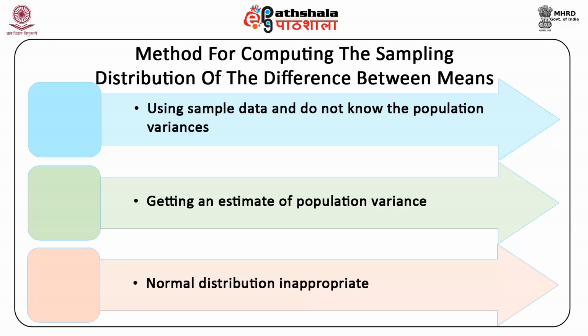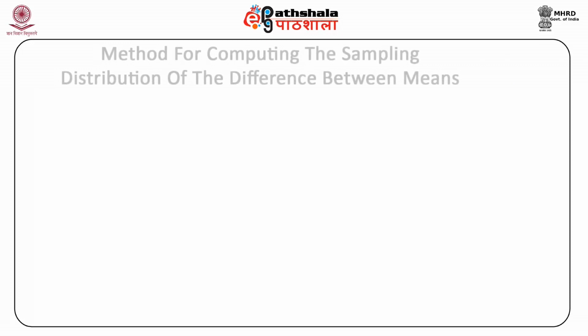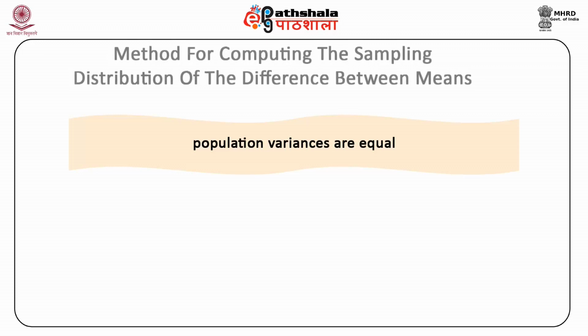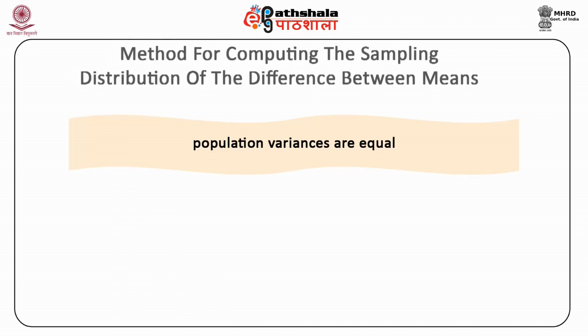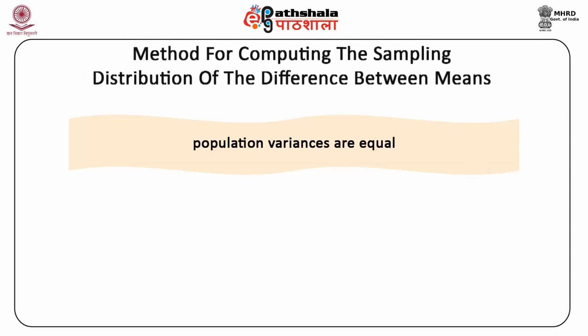Secondly, this estimate can be obtained through two different assumptions. When we can assume that the population variances are equal, we use the formula to calculate the standard error.